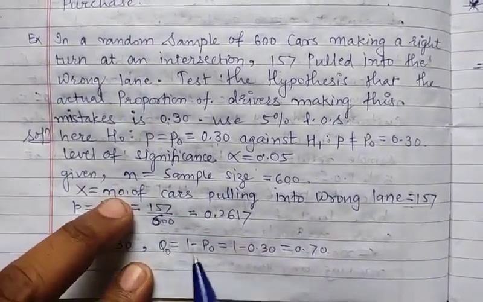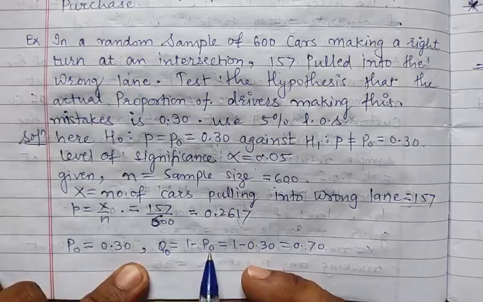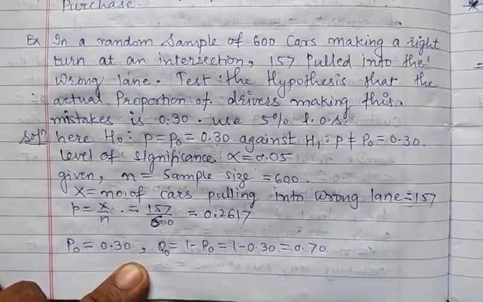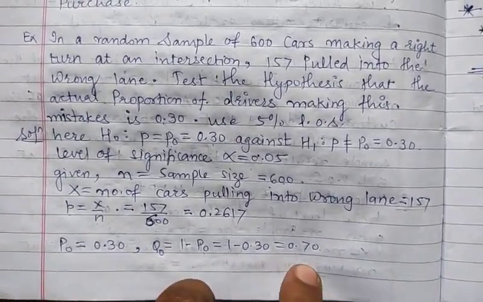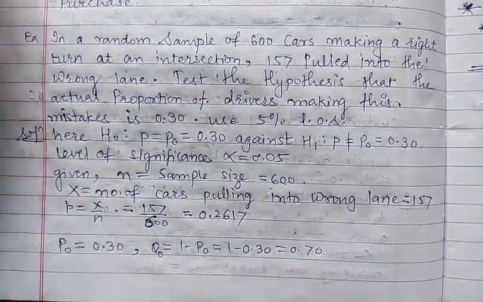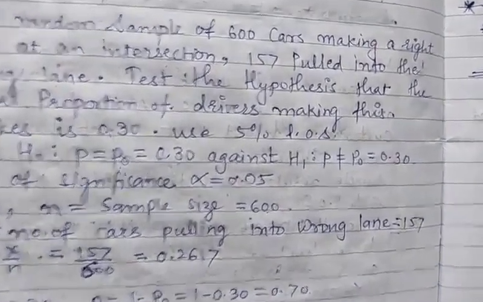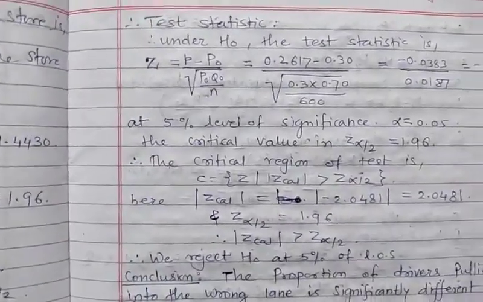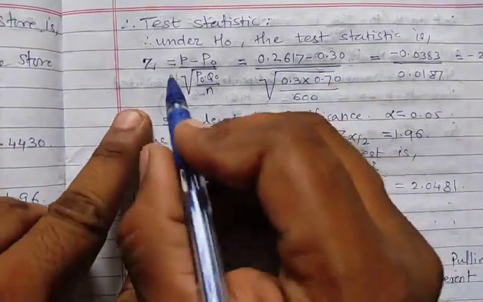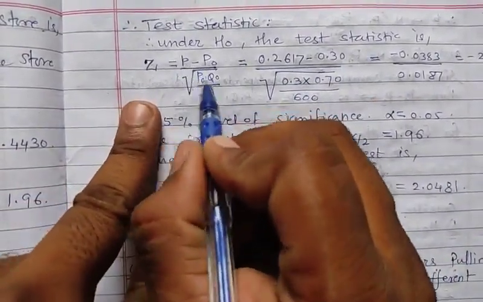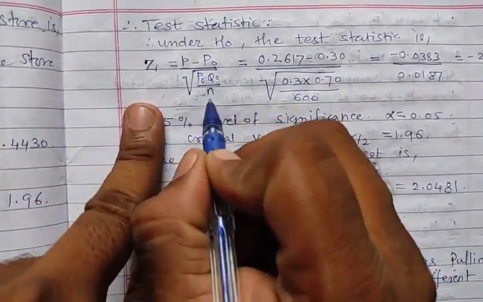So how to calculate Q naught? Q naught is 1 minus P naught, which is 0.70. So value of P naught is 0.30, value of Q naught is 0.70. Now we calculate Z. Under H naught, test statistic is Z is equal to p minus P naught upon square root P naught Q naught by n.